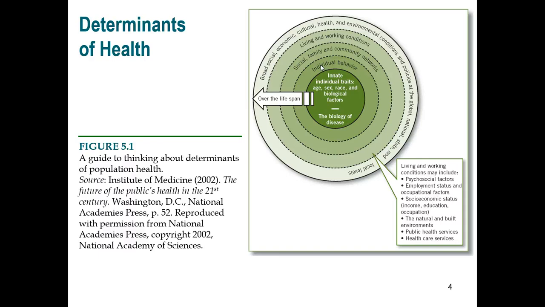Okay, we know that individual behaviors such as diet, such as inactivity, right, sedentary lifestyles, we know that those two right there impact obesity rates. Okay, so the population health model would look at, okay, well, we know diet and inactivity levels contribute to obesity. So what can we do in order to make populations' diets better? And then also, what can we do to increase activity level for populations?